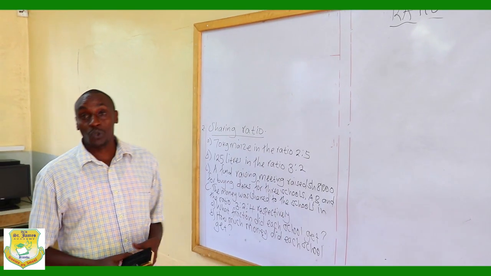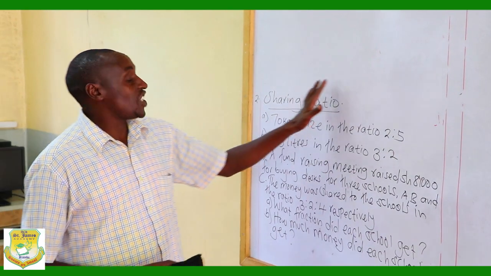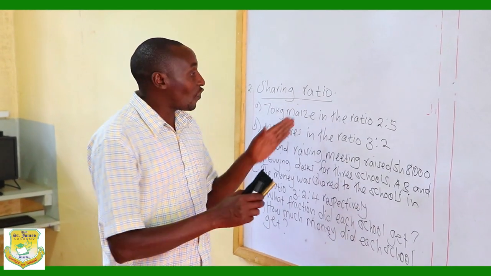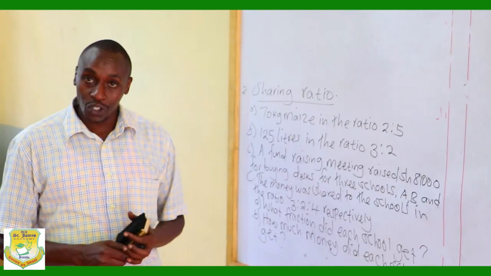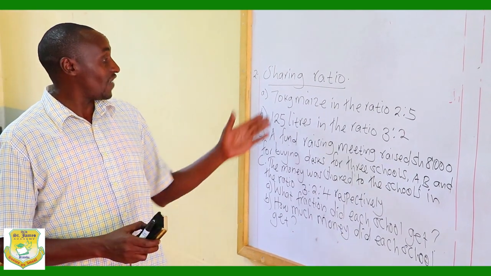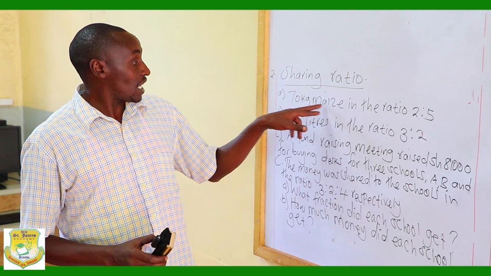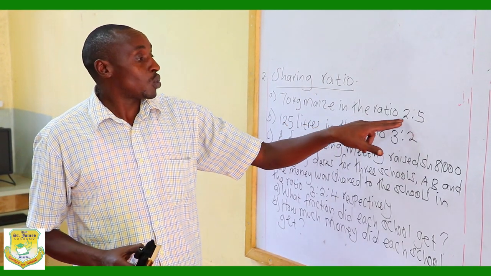We go to question number 2. In number 2, it is about sharing the ratio. Whenever you find a question about sharing the ratio, we normally add the ratio. For example, we are given 70 kilograms of maize to share in the ratio 2:5.